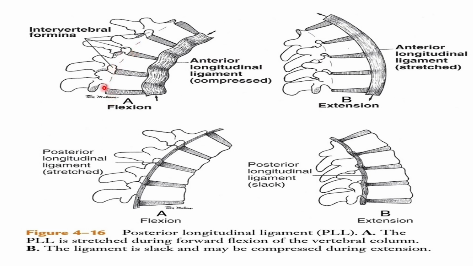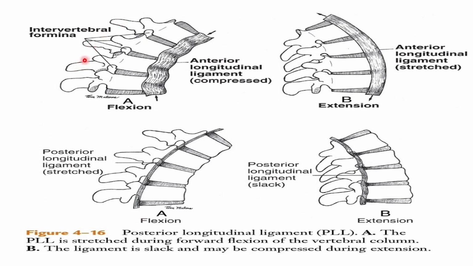All of these stretches over the posterior aspect of the vertebral column will be responsible for preventing hyperflexion of the vertebral column. So during flexion, the space between your spinous processes will be getting increased.